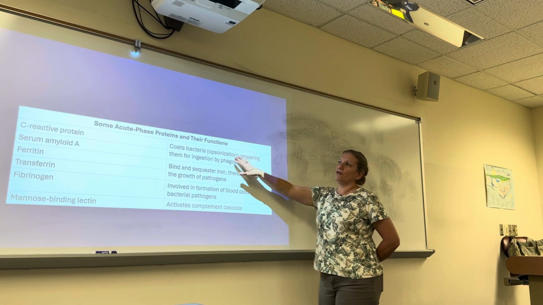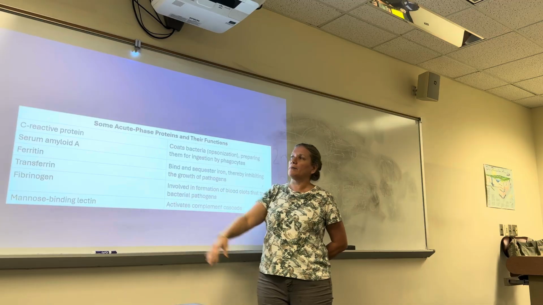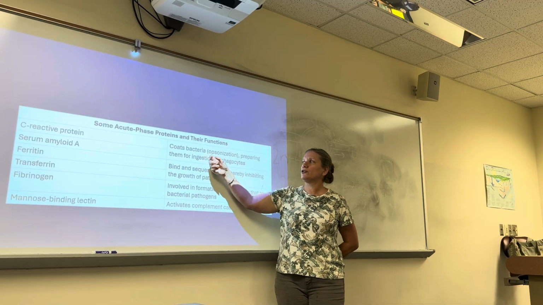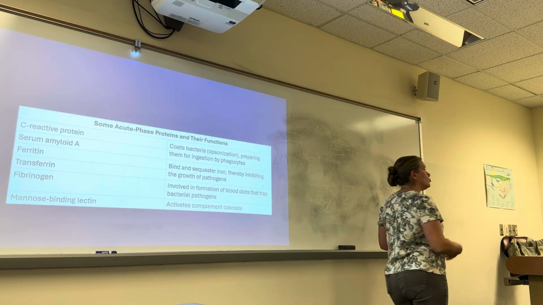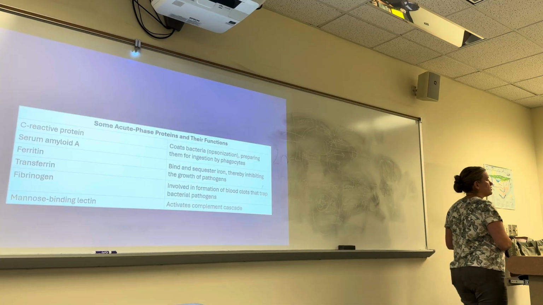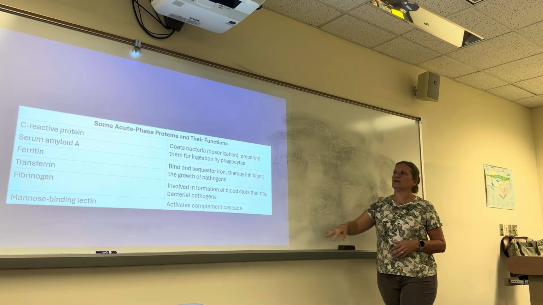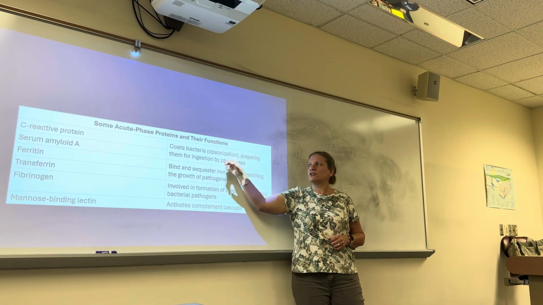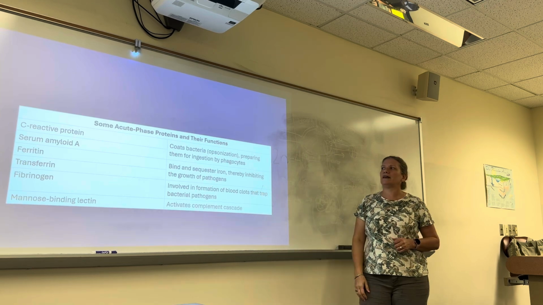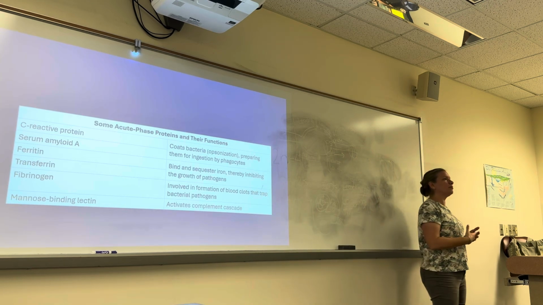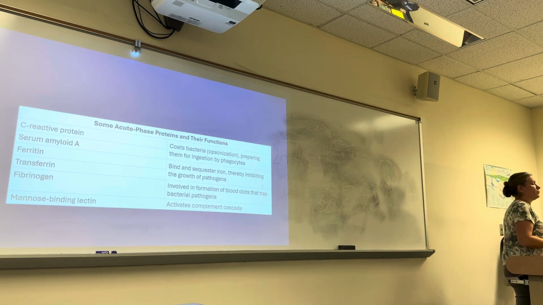We have a couple here, C-reactive protein and serum amyloid A. They actually coat the bacteria, making them easier to recognize for phagocytosis. This term, opsonization, we're going to see again, right? I'll be talking about that later, but that's that idea of, again, promoting phagocytosis, okay?